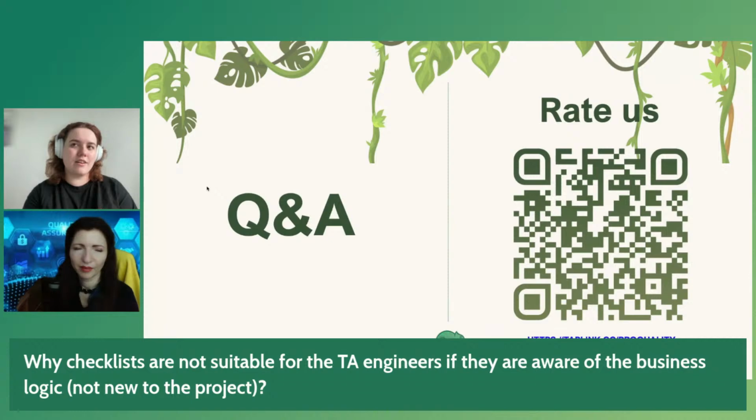But if I send them a checklist with ideas of what I need to automate, they can automate it in a wrong way, which I'm not expecting. They can cover scenarios which are not very critical for our app, and we can lose time based on that.